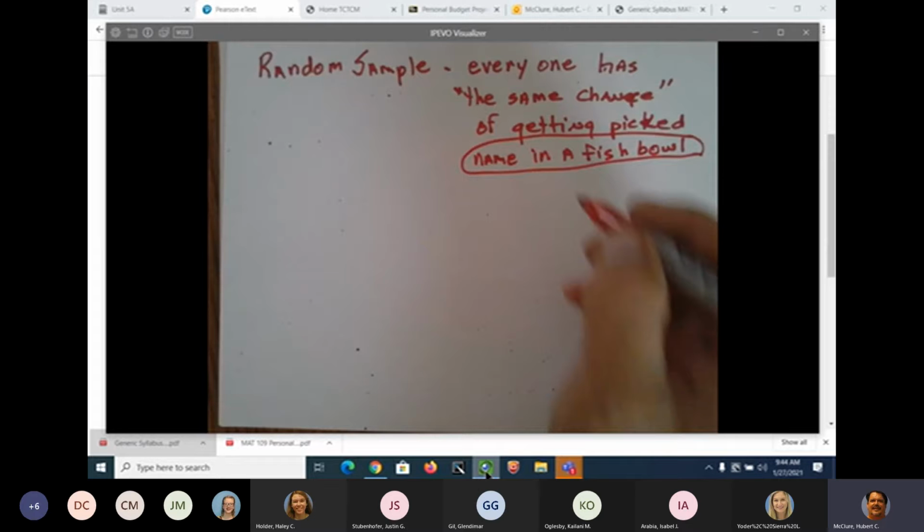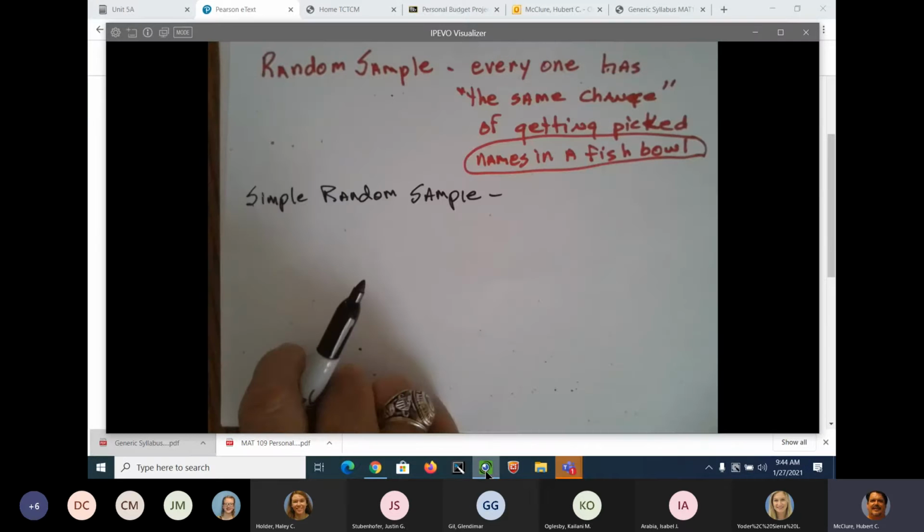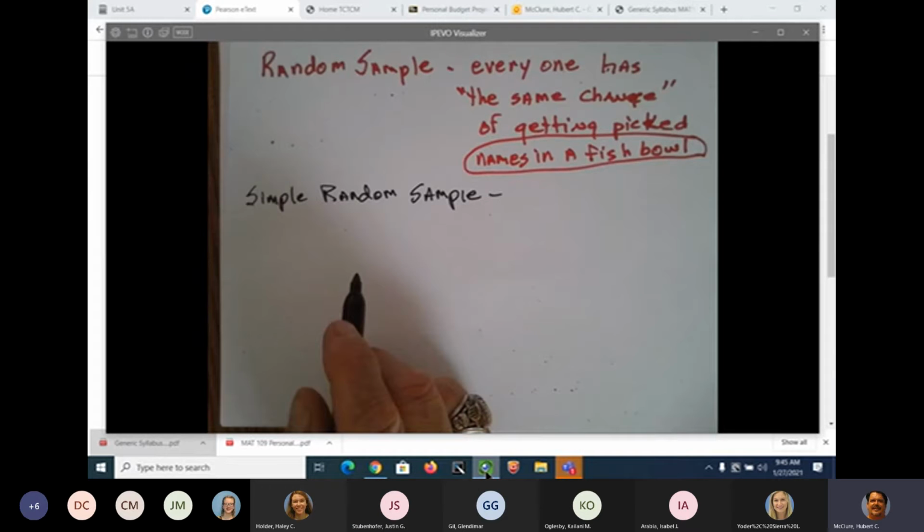All right, the second thing is a simple random sample. A lot of you are saying, well, why is he rewriting these definitions? Because what is my job? My job is to take difficult material and make it simpler, easier for a student to understand. My job is not to take a term and make it difficult. So I rewrite a lot of these definitions.